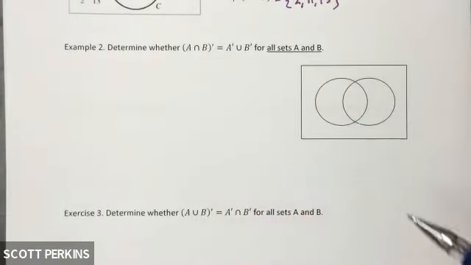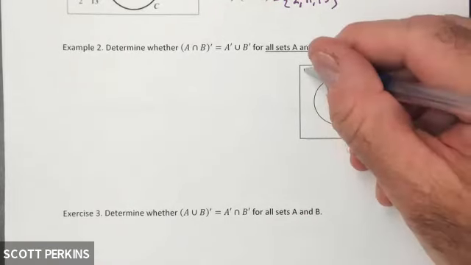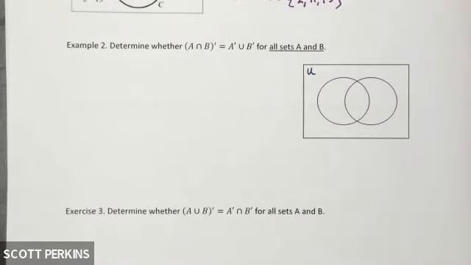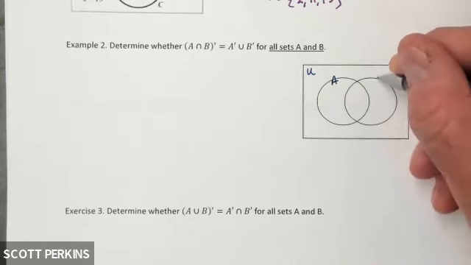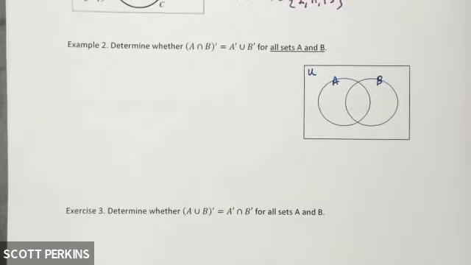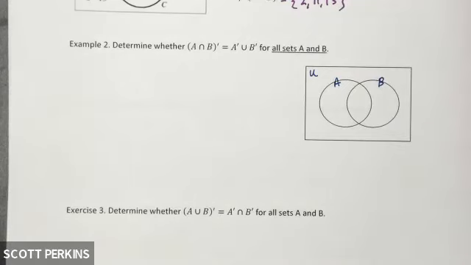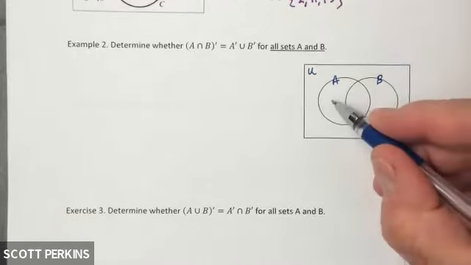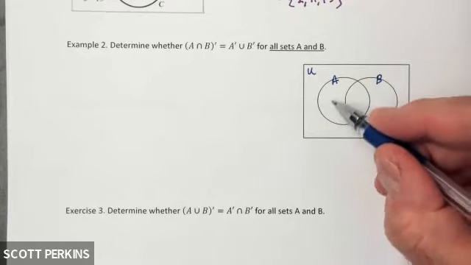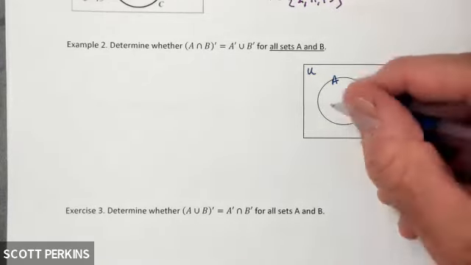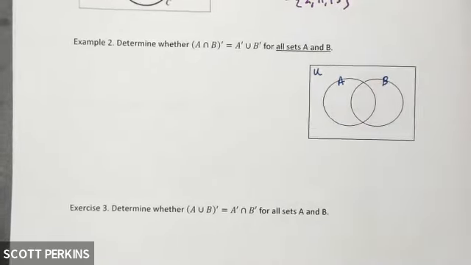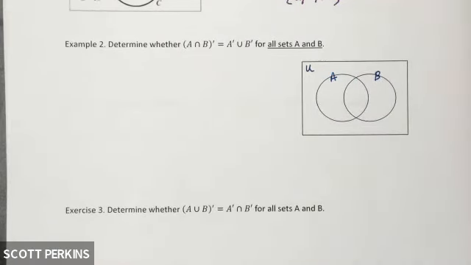So here's what we're going to do. When we only have two sets involved, I'm going to show you the labeling we use for our Venn diagram. I'm going to let A be on the left, B be on the right, just alphabetical order. Now, instead of placing elements in here, I'm just going to give each region a name. Anything that's in A only, our book uses Roman numerals, so I'm just using Roman numerals.